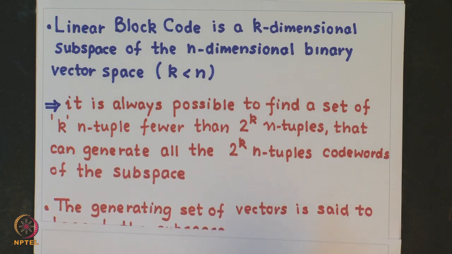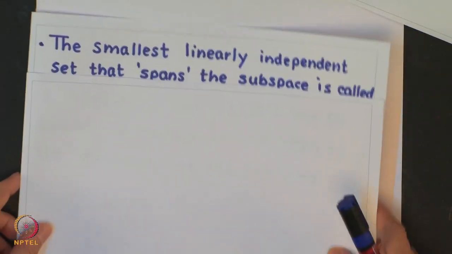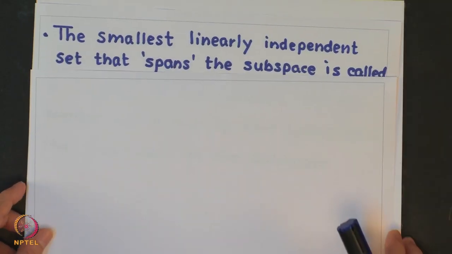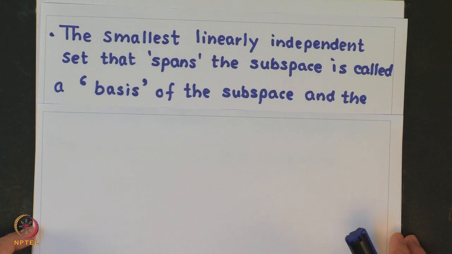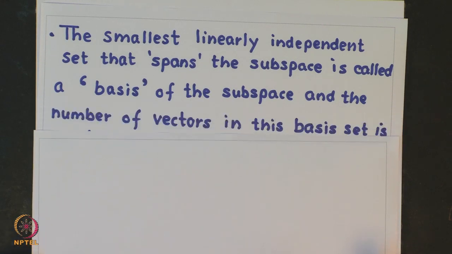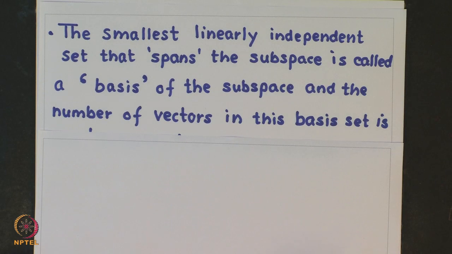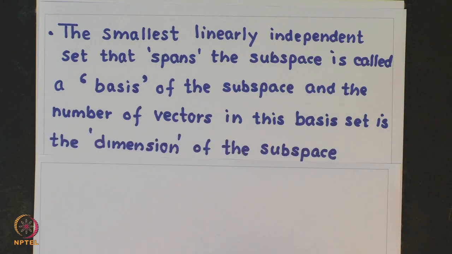So, this generating set of k n-tuple vectors is said to span the subspace, and the smallest linearly independent set that spans the subspace is called a basis of the subspace, and the number of vectors in this basis set is the dimension of the subspace.